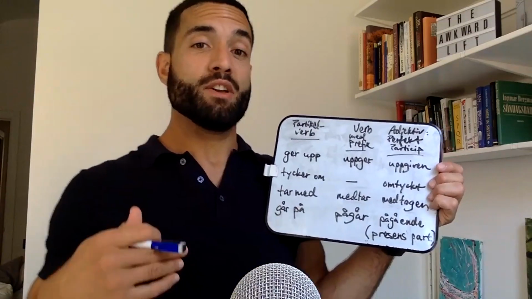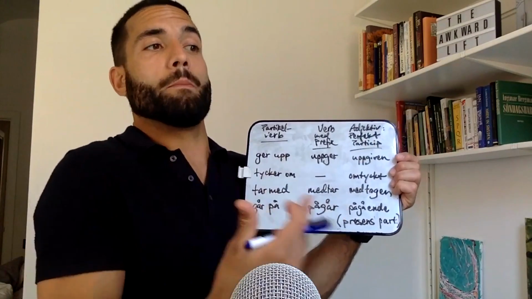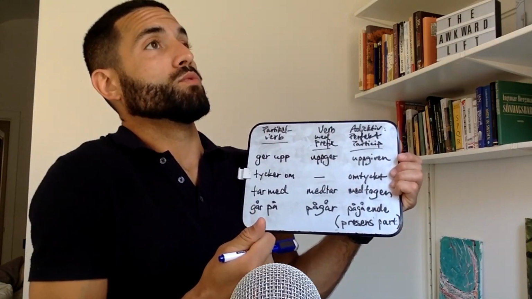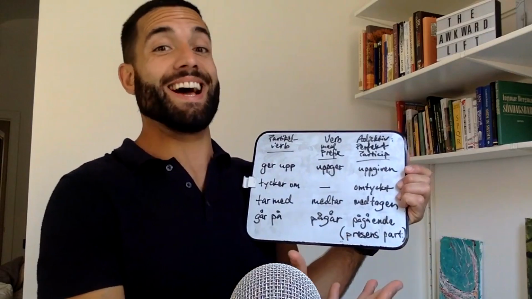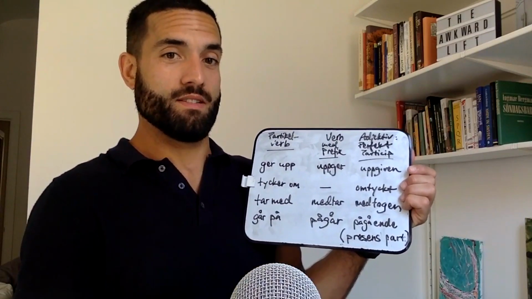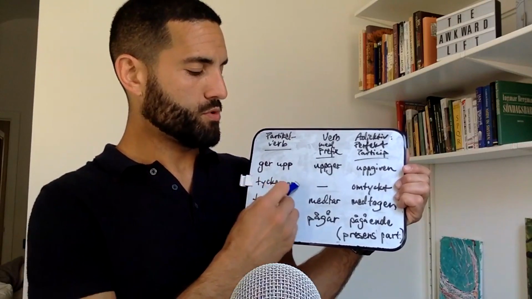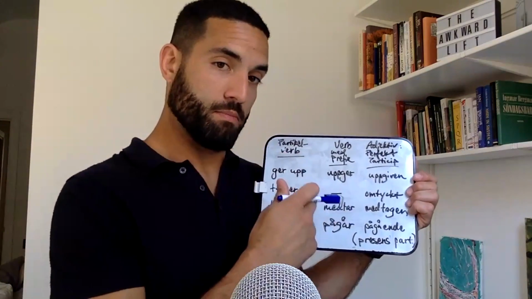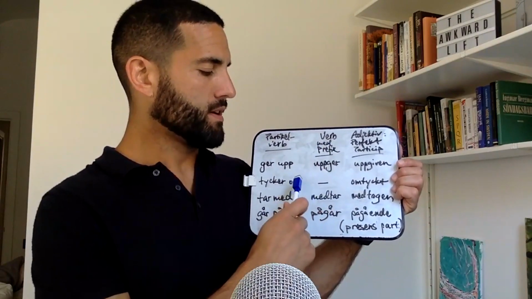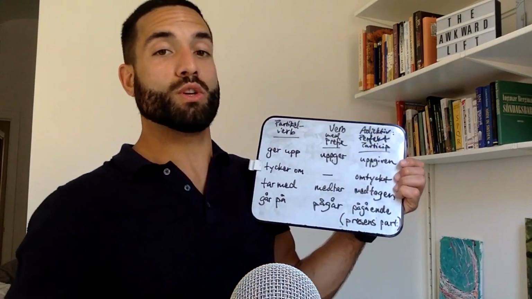Compared to if you say, jag tycker om, or tycker du om det här? Do you like this? Tycker du om det här? Okay? So you listen to if the particle is stressed. Here, verb with a prefix, so it would be like omtycker.